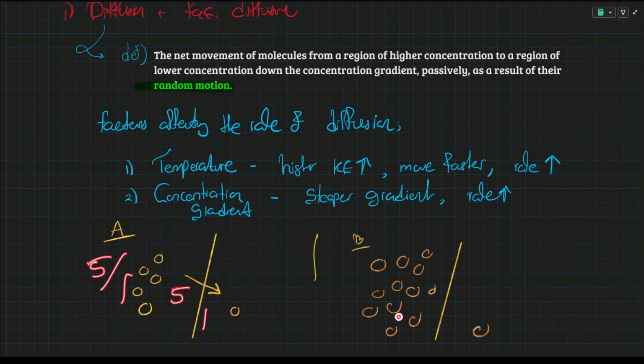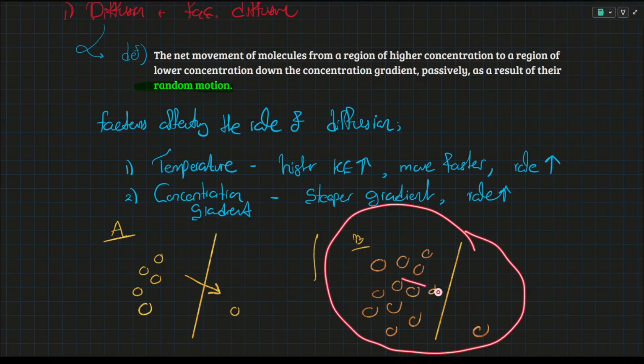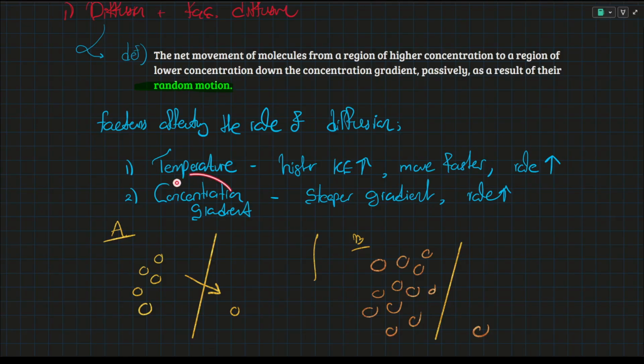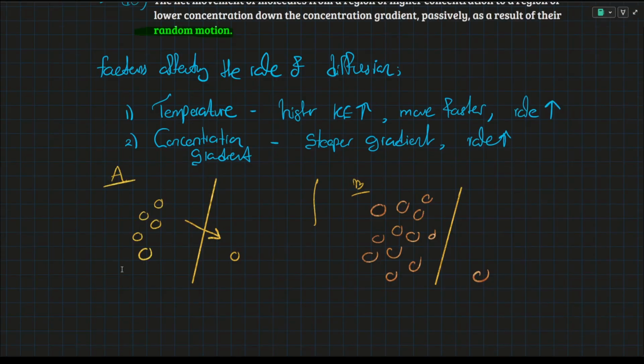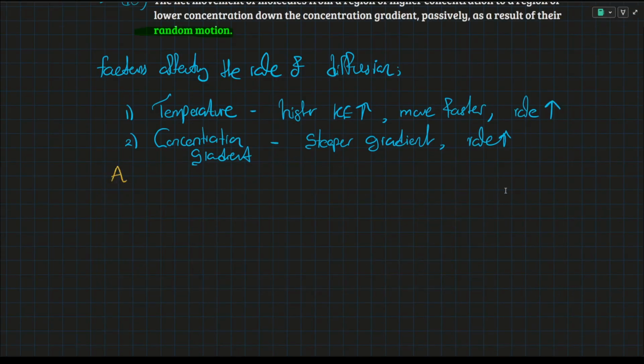Here it's around, how much did I draw? 4, 5, 6, 7, 8, 9, 10, 11, 12. It's 12:1. I'm so sorry if I counted wrong, but it's 12:1 versus 5:1. What's going to move faster? Scenario B, things are going to diffuse or move down faster. Why? Because we have a steeper concentration gradient. That's the idea. Let's get rid of all of that.